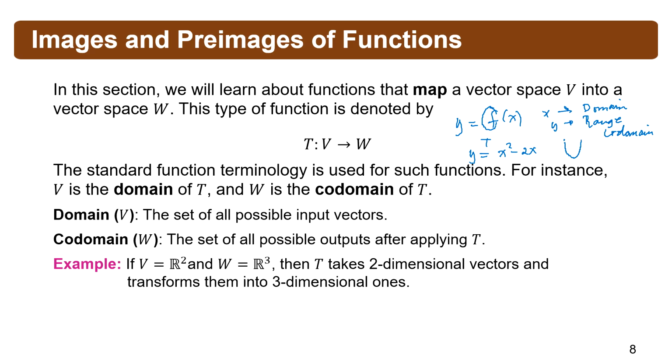Before we can get this figure or image, we have to have a rule. The rule is to square the input, whatever the value of x is, and then subtract twice x. All the values that you input in x are the set of x values, which we call the domain, and the result, the y values, is the range. All right.